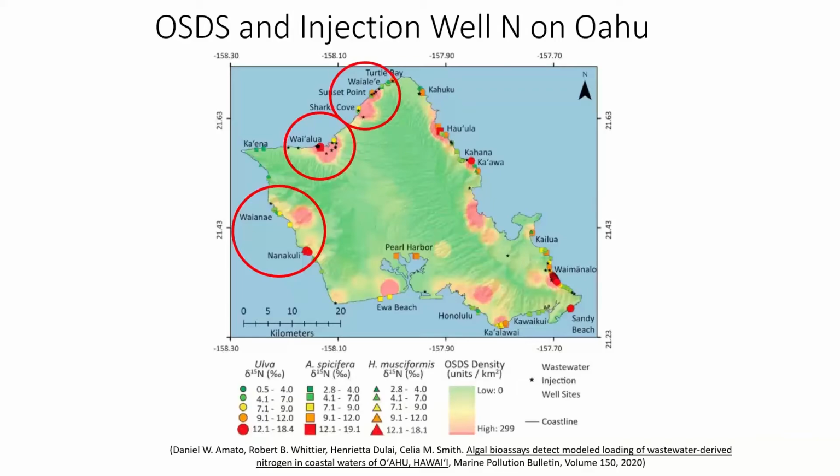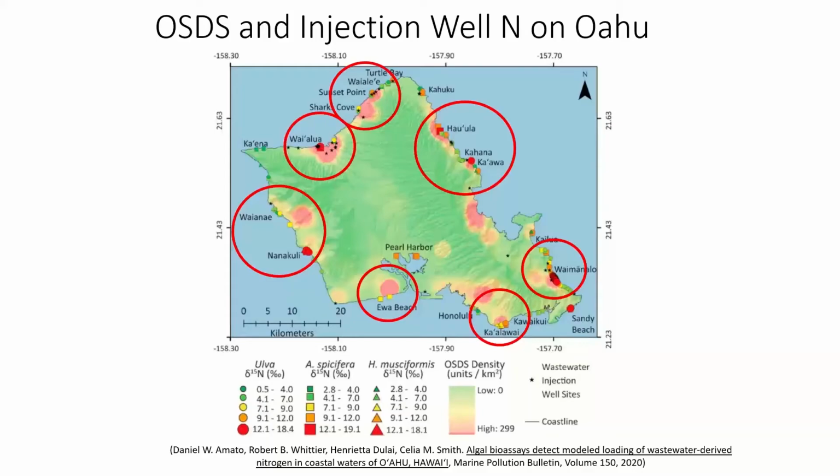On the North Shore, we have private injection wells and more cesspools. On the east side, Hauula and Kaaawa had very high values for delta 15N in all these seaweeds. In Waimanalo, and even here in Honolulu at Black Point, where there are quite a few cesspools in the Diamond Head area, and also in Ewa Beach, again, a pretty high density of OSDS there.